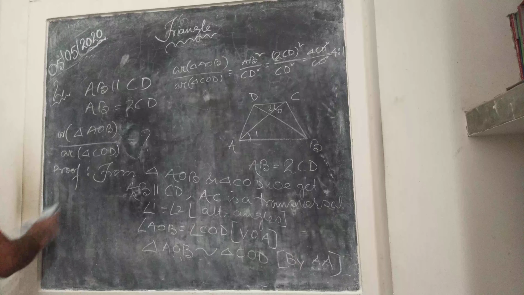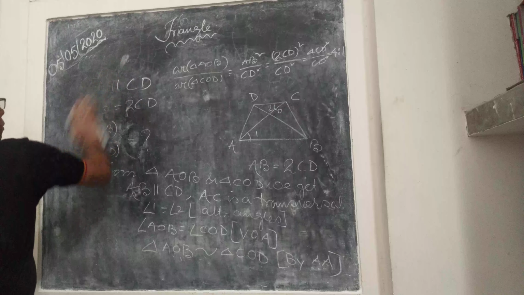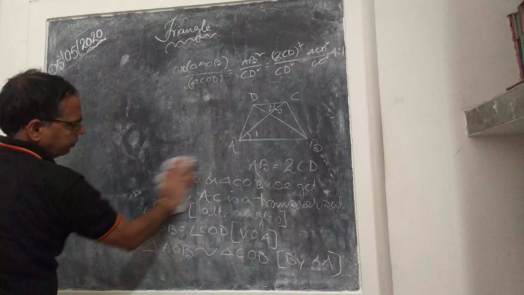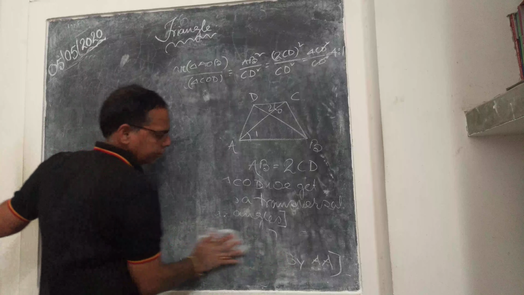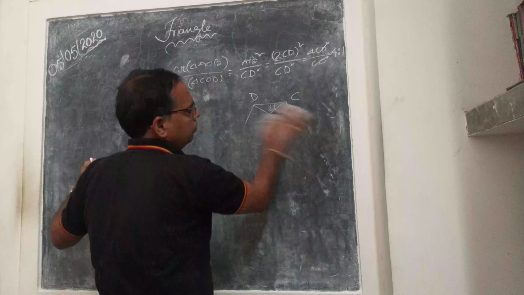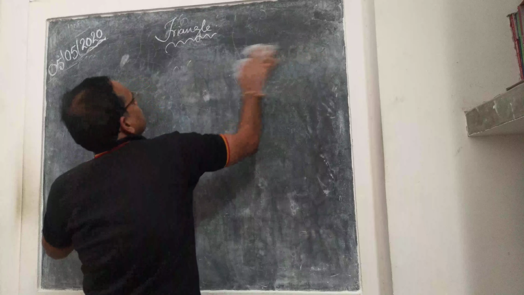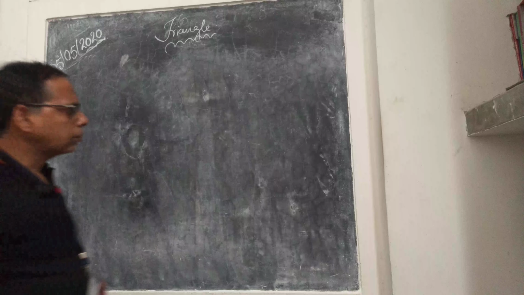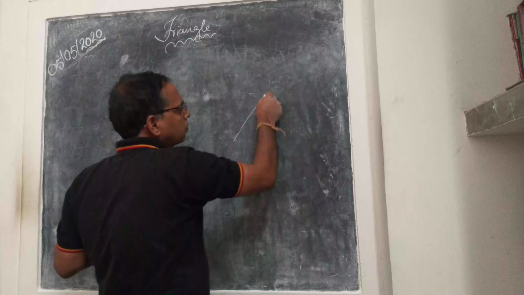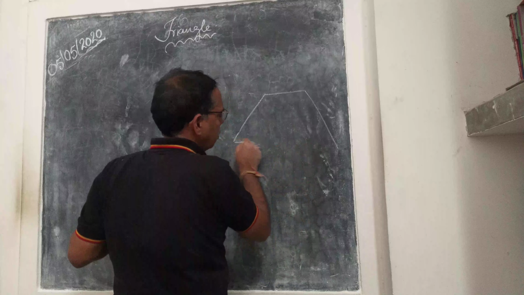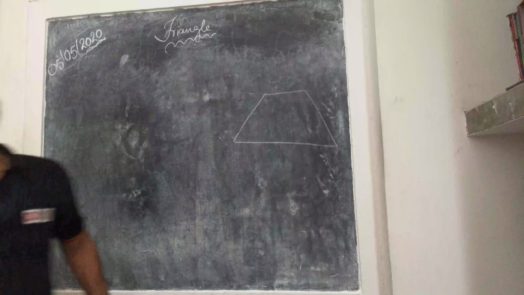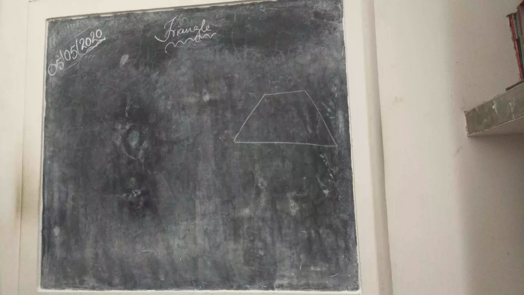Now let's see the next one. Now what is the next one? Next one you see, it is a trapezium already given, ABCD.